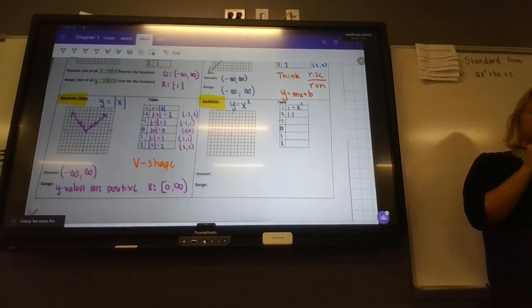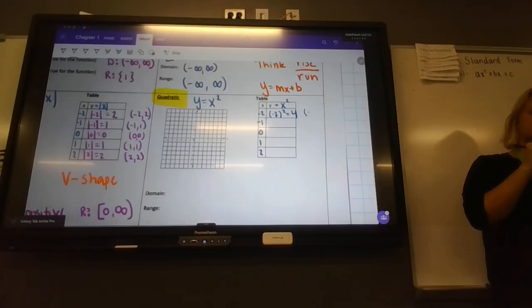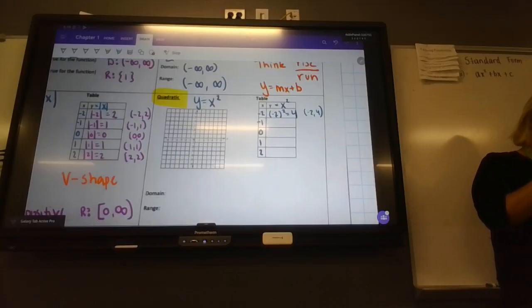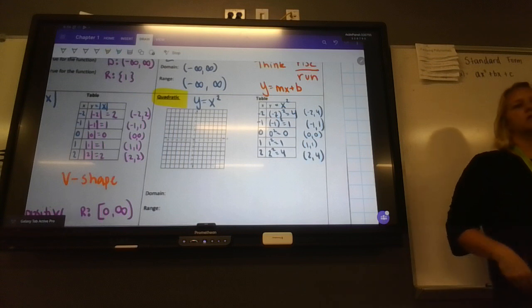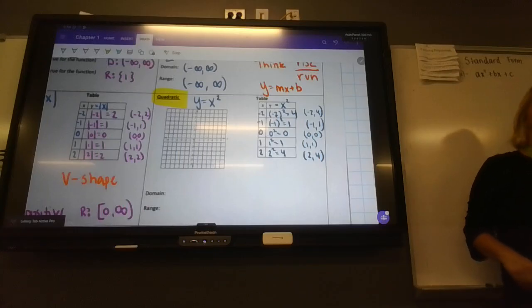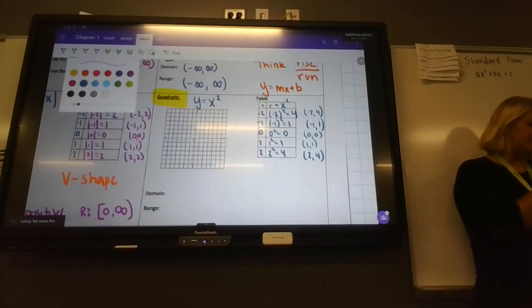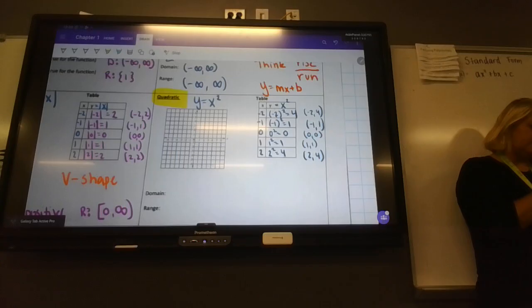So -2 squared is a +4. A negative times a negative is a positive. So I have an ordered pair at -2, 4. -1 squared is 1, so -1, 1. 0 squared is 0. Sorry if I'm going too fast. 2 squared is 4. So we're squaring x in the parent quadratic function. So -2, 4 is way up there.